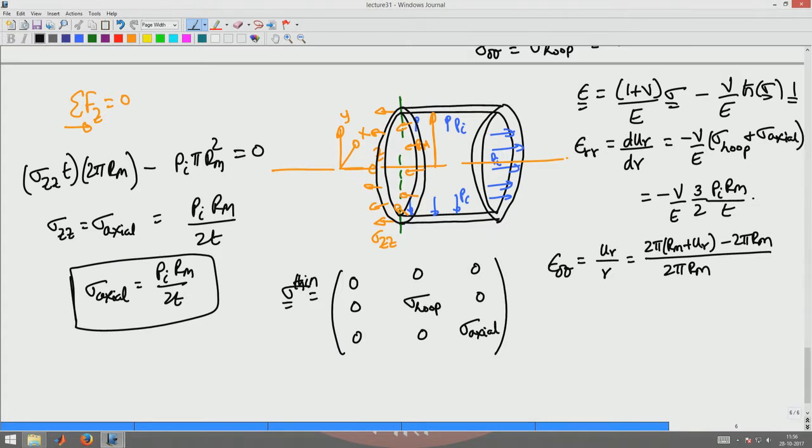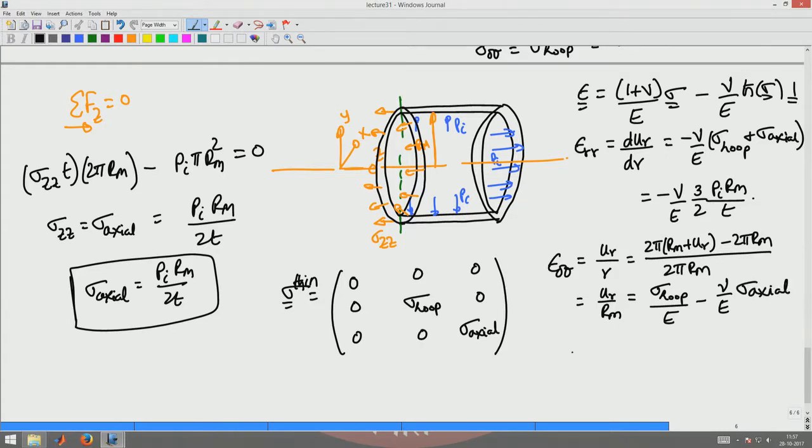So, this will be equal to ur by Rm. From the constitutive relation it will be sigma hoop by E minus mu by E sigma axial.